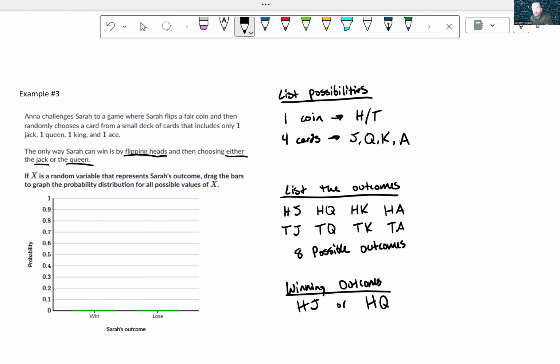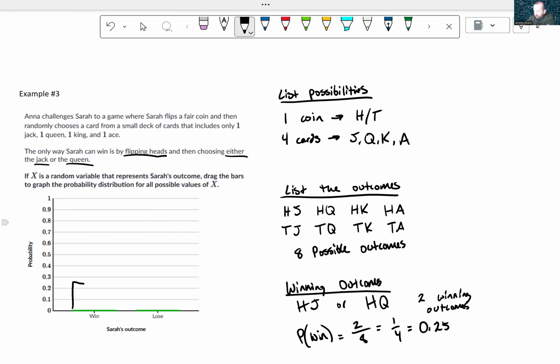Those are the only ways that we can win this game that they're playing. So that's 2 winning outcomes. So the probability for a win is 2 out of 8, or 1/4, which is equivalent to 0.25.